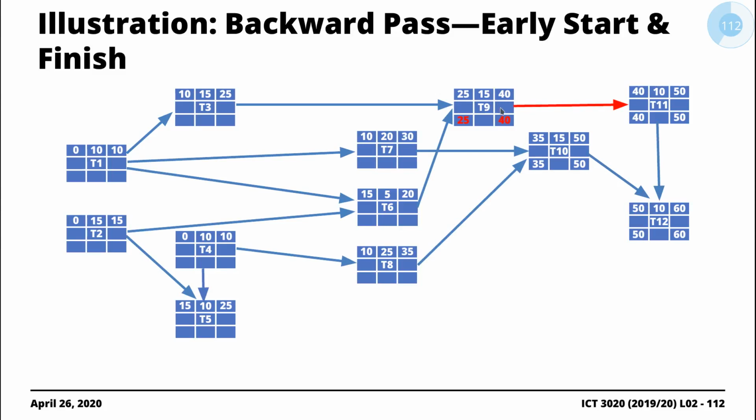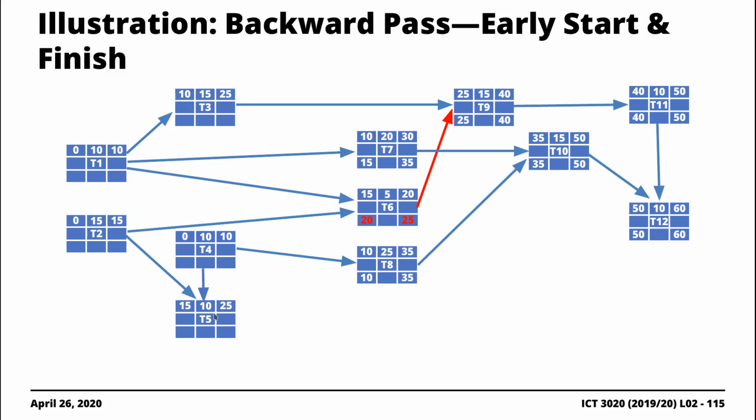We get to T9, we pull the 40 here, and then we subtract 15. We come to T8, we just pull the 35, right? And subtract 25 from 35. We come to T7, we do the same thing. We push the 35 here, subtract 20 to get 15. And then we come to T6, put the 25, subtract 5 to get 20.